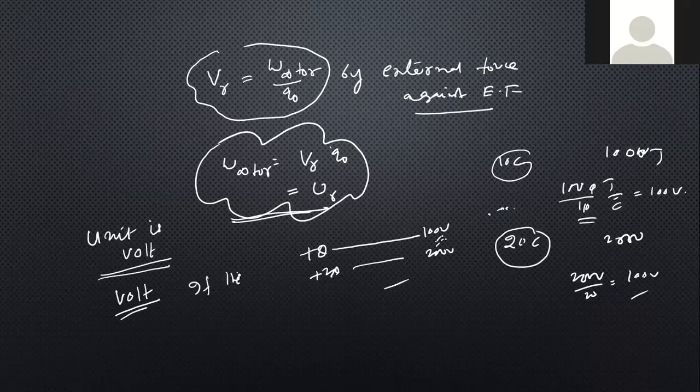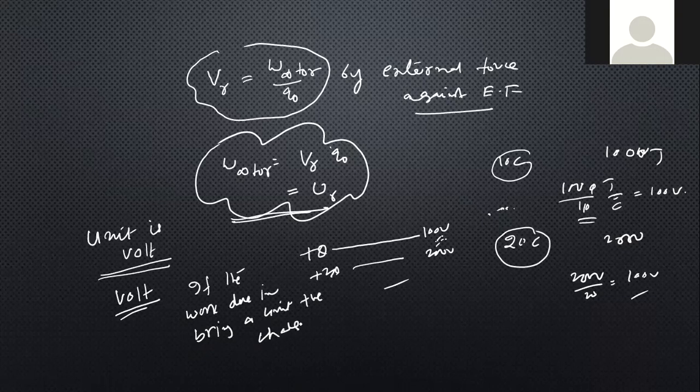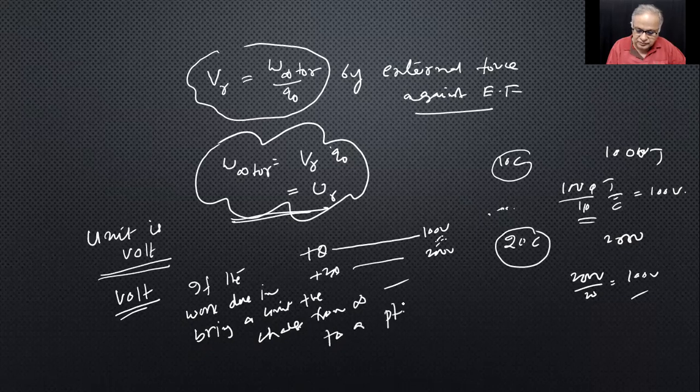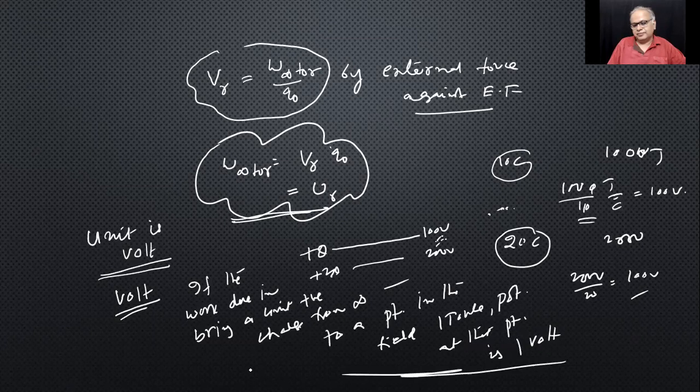If the work done in bringing a unit positive charge from infinity to a point in the field is 1 joule, potential at that point is 1 volt. That's the definition of volt.